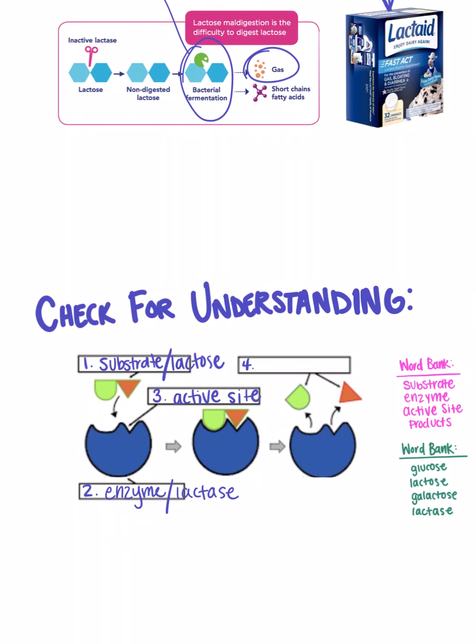So that's just referring to this area where the substrate and the enzyme will bind so that they can have their interaction, which allows the substrate to break down. And it breaks down into number 4, our products. In this case, glucose and lactose.